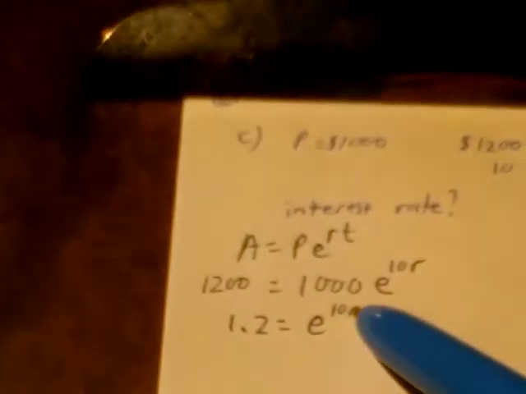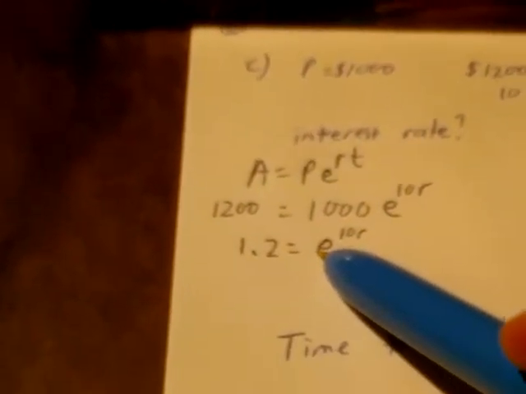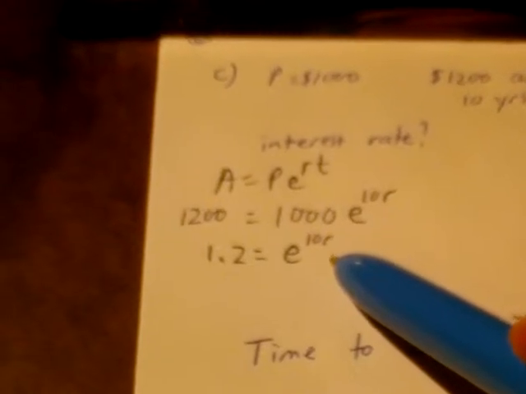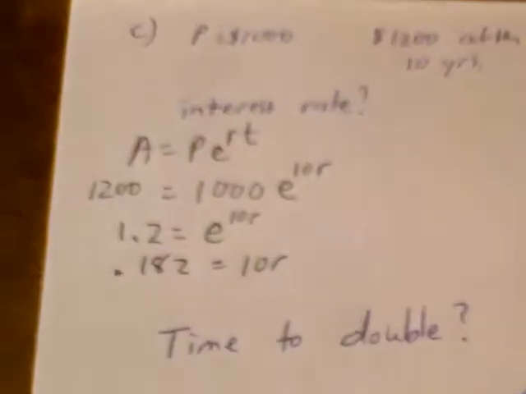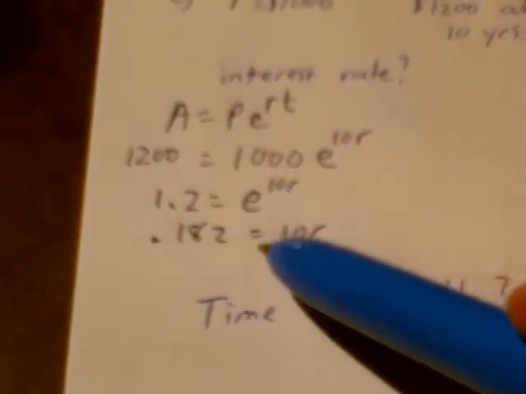And then again, getting rid of the e, the base, and bringing the exponent down so we can work with it. We natural log both sides because it's e to the. So we go over to the calculator and we do natural log of 1.2, and we get 0.182 equals 10r.